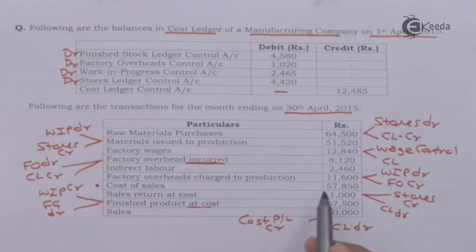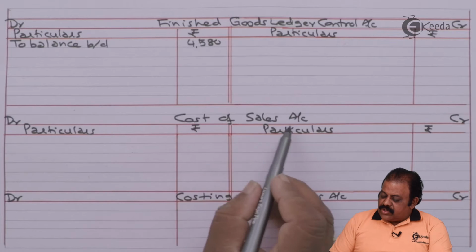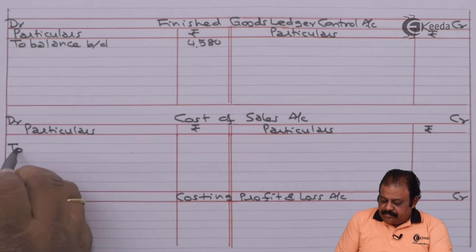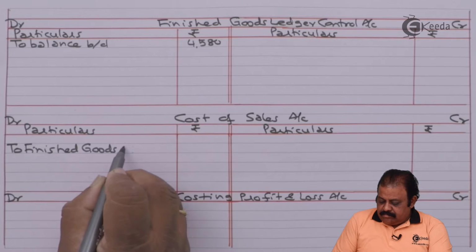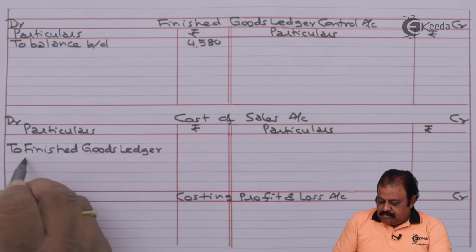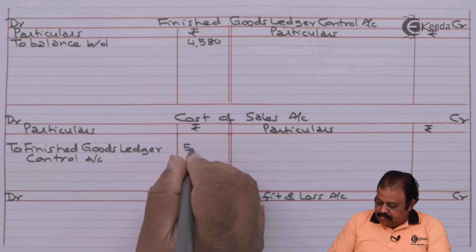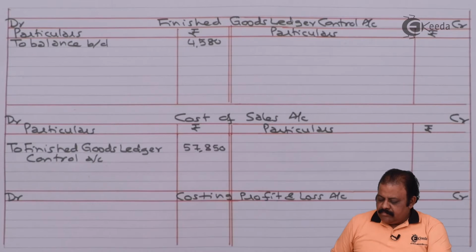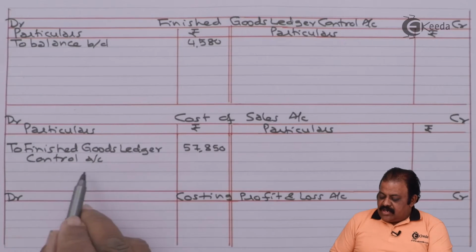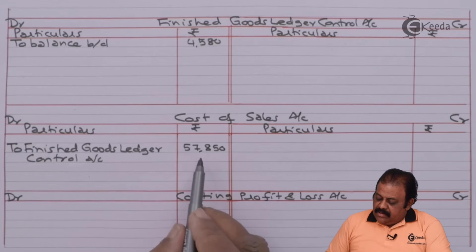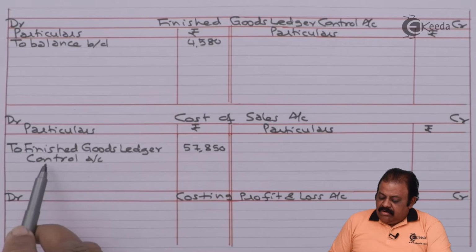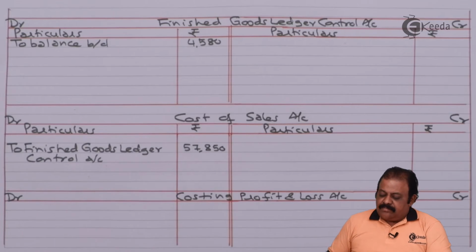11,600. Cost of sales 57,850. This will be debited to cost of sales, to finished goods ledger control account 57,850. This will be then credited to finished goods ledger control account.